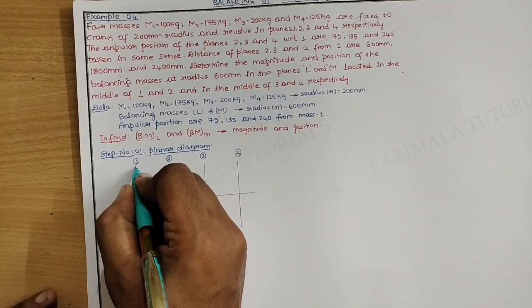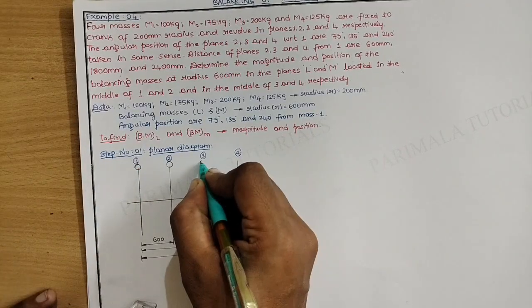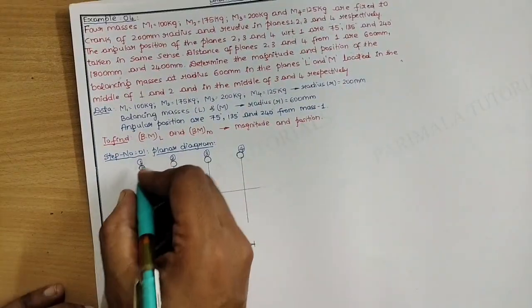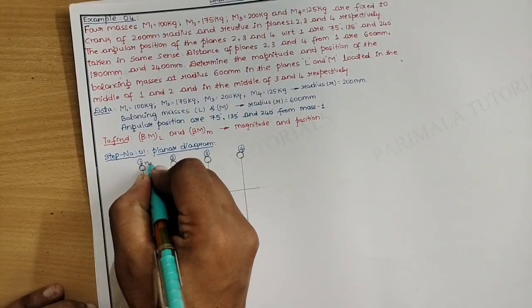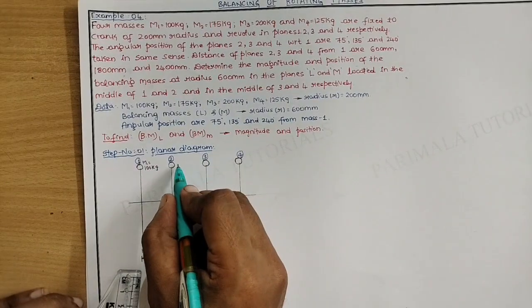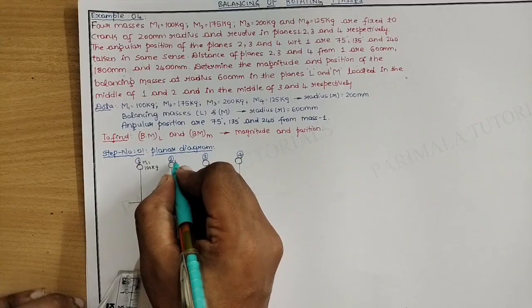Yes, let me show a small representation of a mass here. This we can call M1, that is equal to 100 kg. Similarly, this is 175 kg, 200 kg and 125 kg.